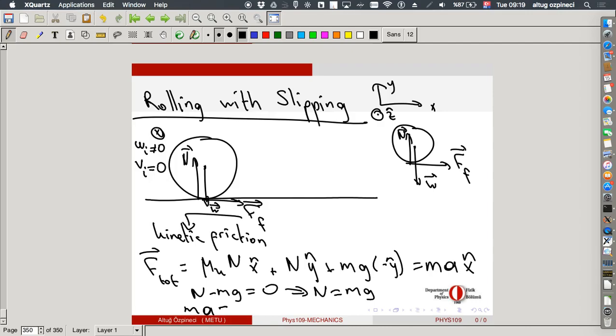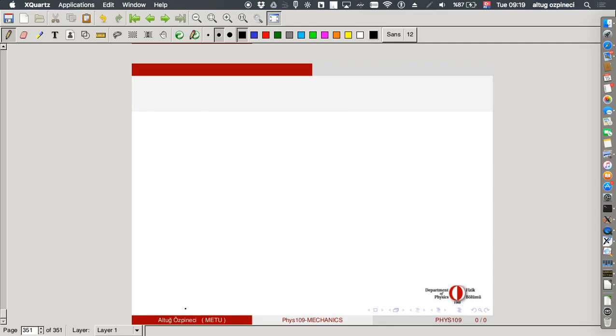Then mass times the acceleration is the x component of the total force on the right hand side. On the left hand side, the x component is mu k times N, mu k times mg. So I can just cancel the m's, and I know that the acceleration is mu k times g.